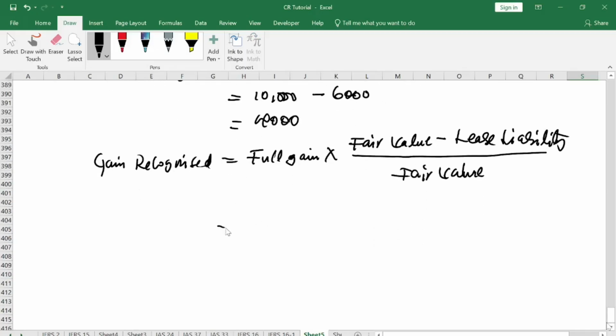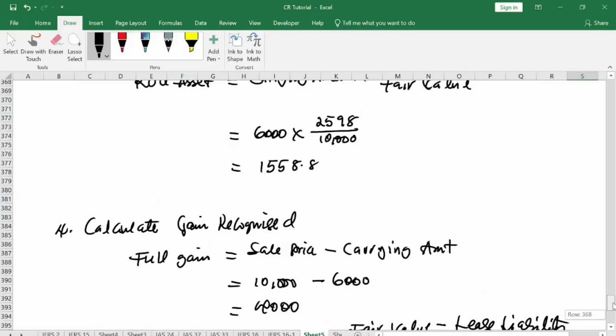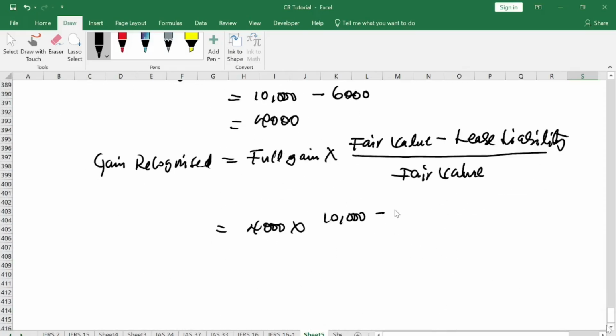We know our full gain to be 4,000, multiplied by the fair value, 10,000, and our lease liability, which we just calculated, is 2,598, all divided by the fair value of 10,000. Whatever you get is how much can be recognized by you. So let's do it.